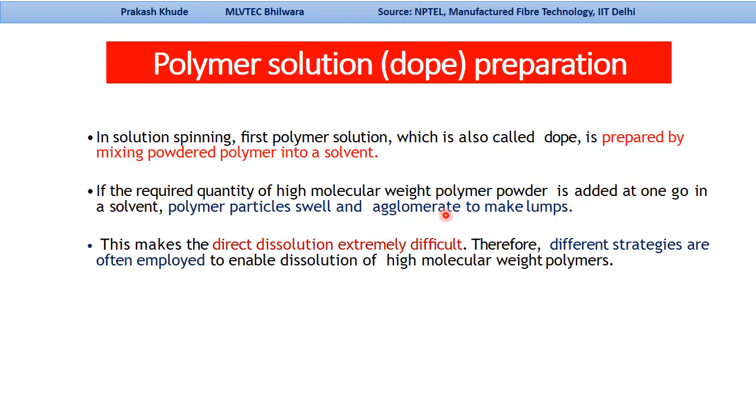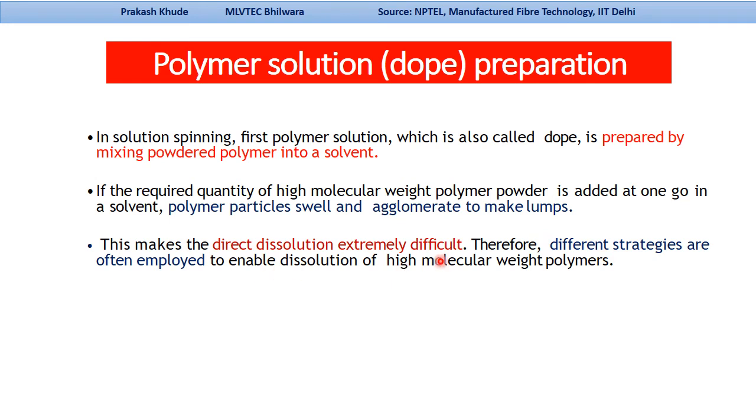Lump formation should not occur during dissolution of the polymer in the solvent, and this needs to be taken care of while preparing the dope, because agglomeration or lump formation will create difficulty in processing.